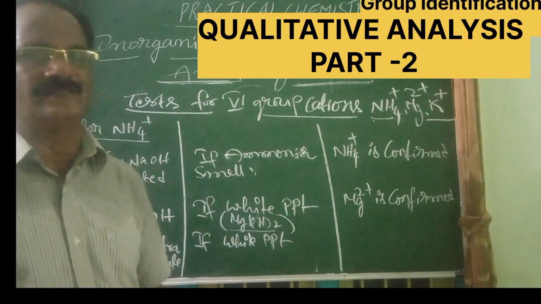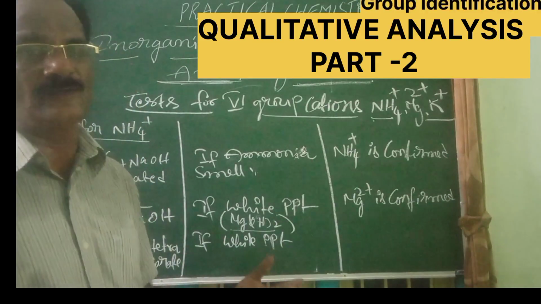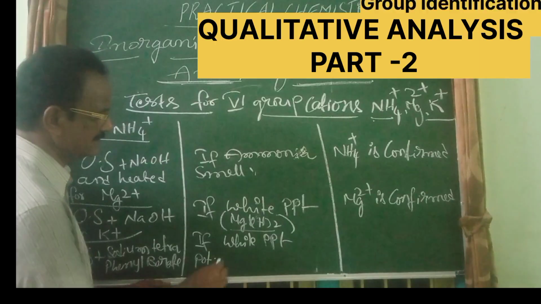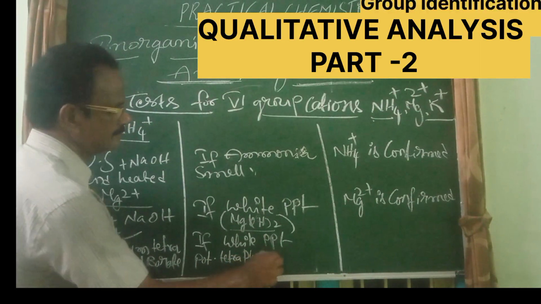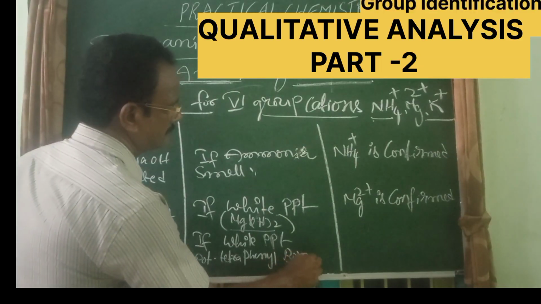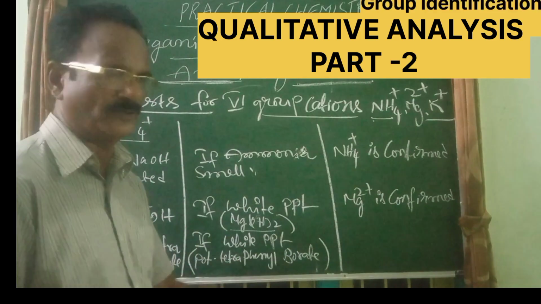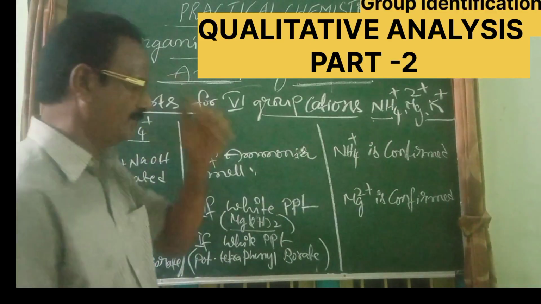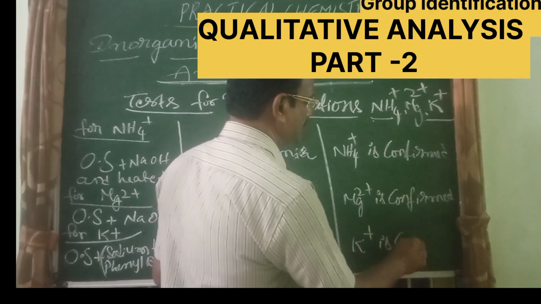Potassium tetraphenyl borate. Potassium replaces sodium. The name of the precipitate is potassium tetraphenyl borate, formed by adding sodium tetraphenyl borate to the original solution. Then you can confirm the presence of K+ ions.